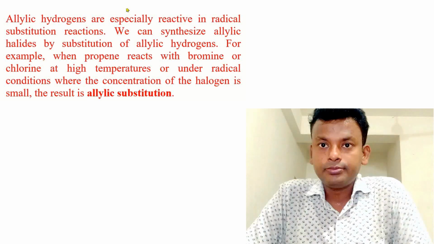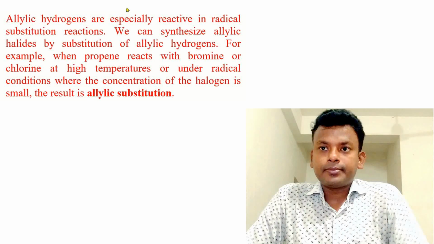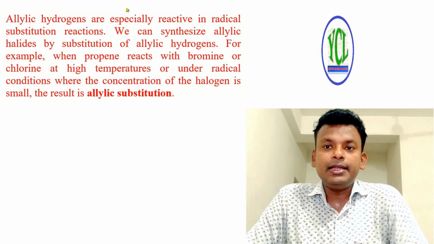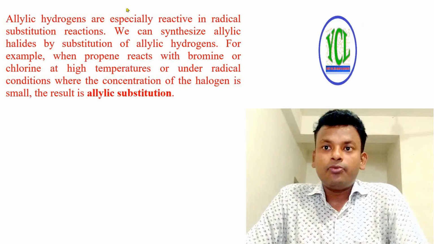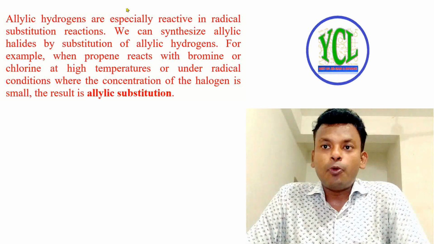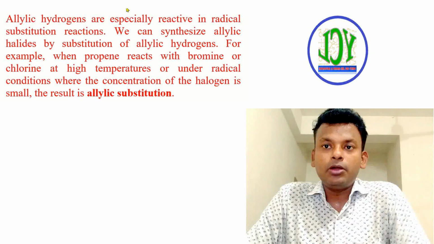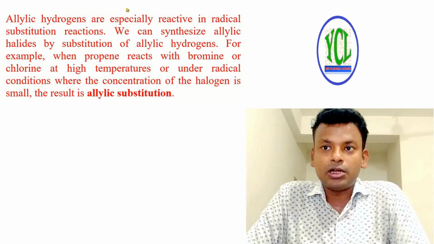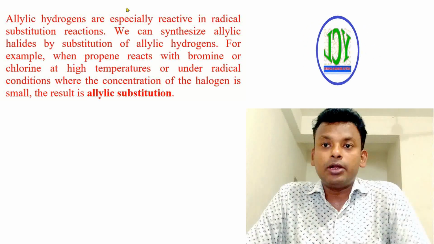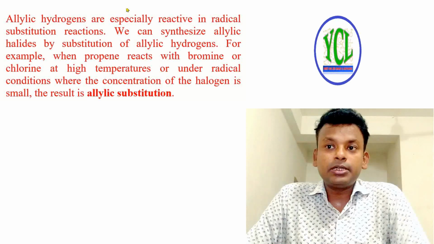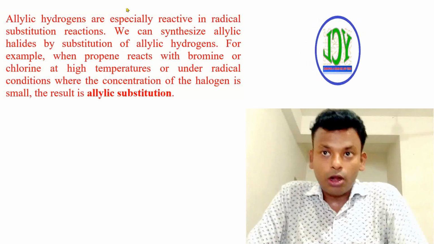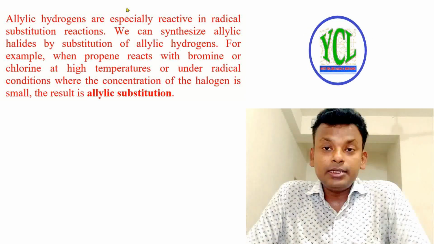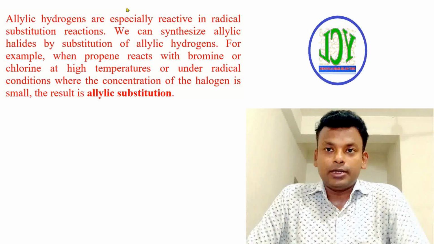We know we can synthesize allylic halide by substitution of allylic hydrogen. For example, when propene reacts with bromine or chlorine at high temperature or under radical conditions where the concentration of halogen is small, the result is allylic substitution.